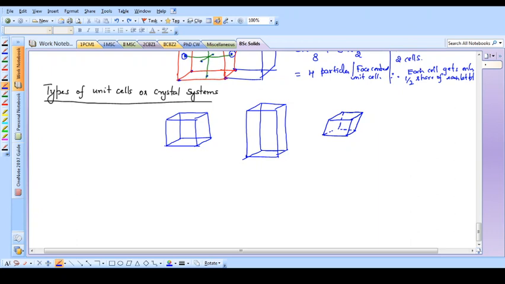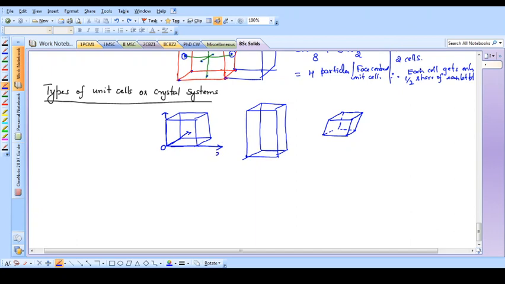So I will select this as origin of this unit cell. You can select any of the 8 corners, but I will select this as the origin. Now you can imagine 3 axes. Okay, one is this direction, one is this direction, the other is this direction. Okay, passing through one of the corners of the cube.